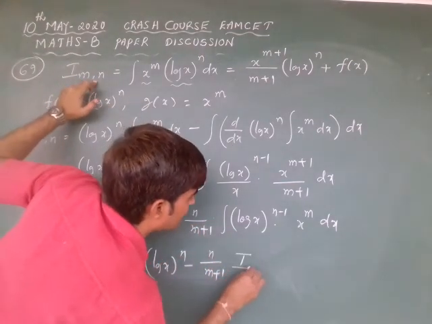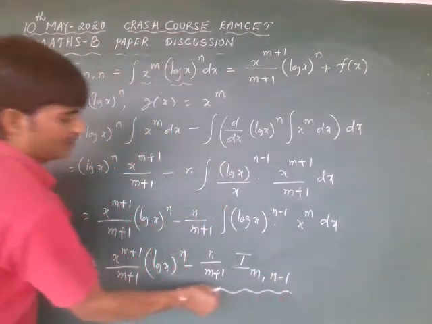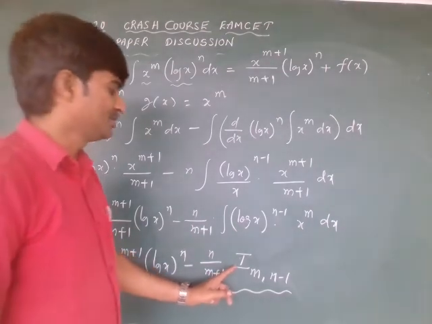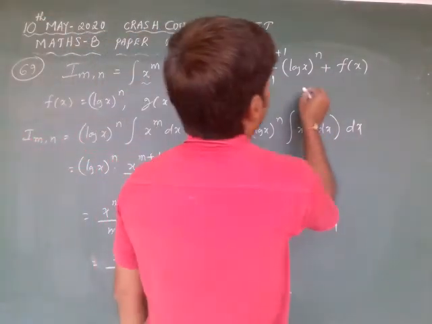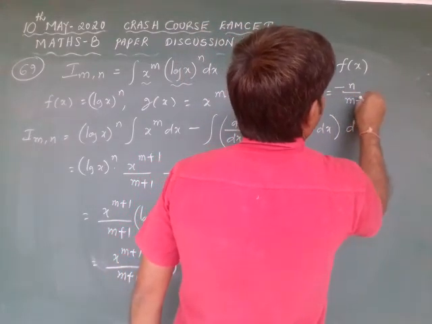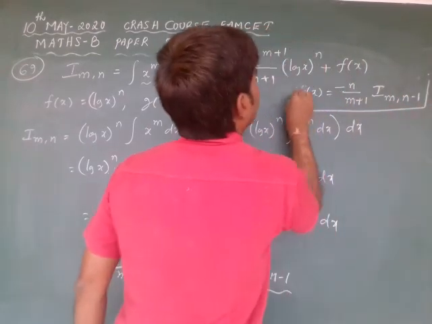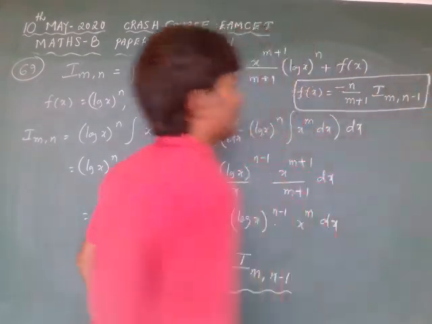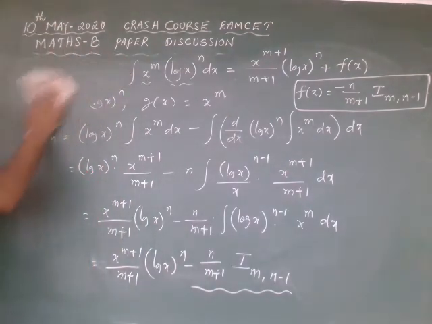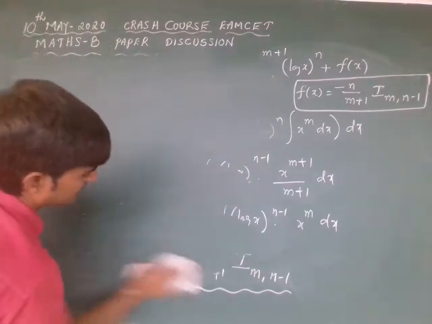Here it is written as I m comma n minus 1. Now f of x is equal to minus n divided by m plus 1 into I m comma n minus 1. Therefore f of x is equals to minus n divided by m plus 1 I m comma n minus 1. This is our required function f of x. This is using reduction, integration by parts.